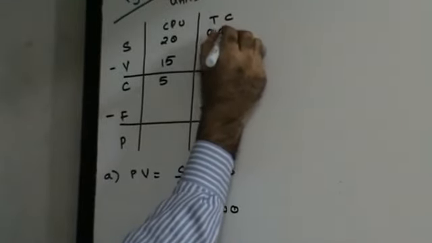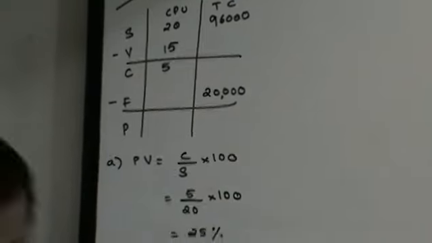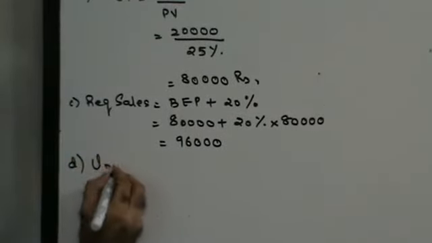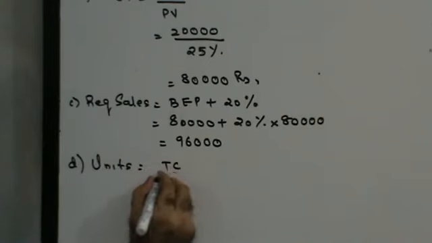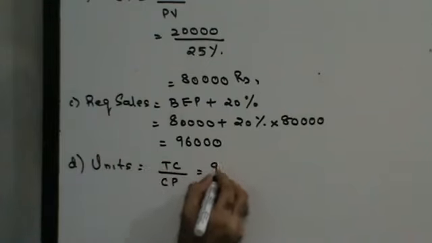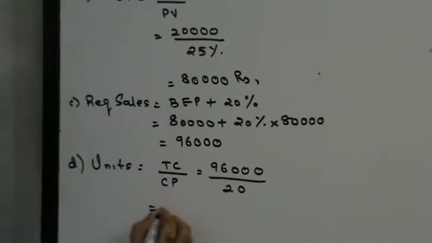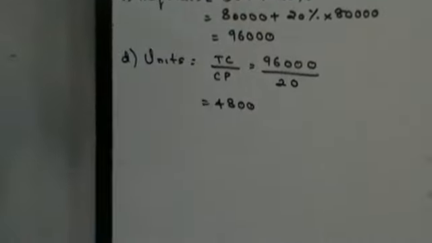Sales are 96,000. Right? Once you come to know the sales, then you can find out the units. Units are given by the formula TC upon CPU. 96,000 divided by 20. So this is going to be 4,800. Units are 4,800.